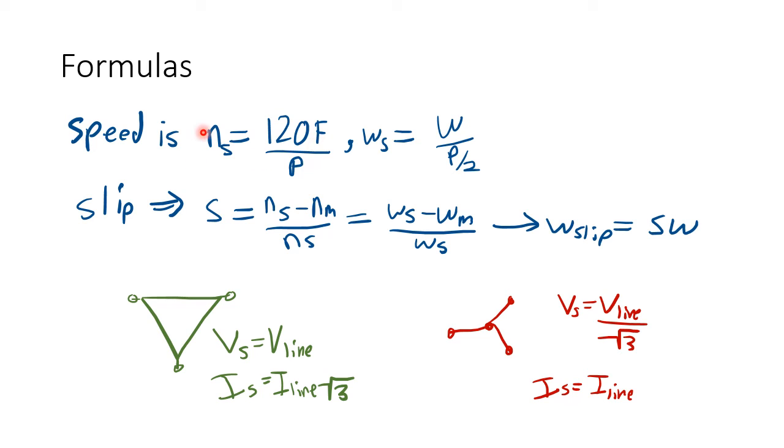So we can use that to find the RPM of it, or we can just use the angular velocity, radians per second. These two formulas hold, and then within these two you can then form the slip, and slip is determined, it's basically relative to the rotor that's spinning, how much is the stator moving away from it, how much is the magnetic field that the stator is producing moving away from it. And this is what we're going to be using.